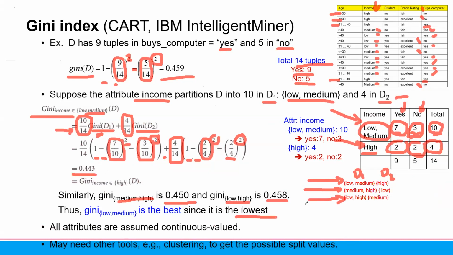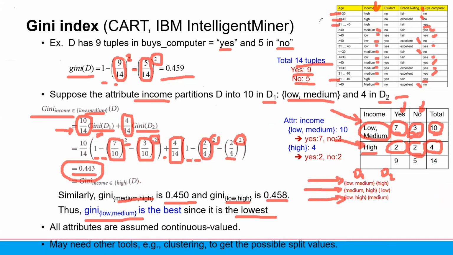So if we just want to use the Gini, we will choose the lowest one. The lowest one is this one. Okay, so the low medium is the lowest. Then we will use this one as the splitting.